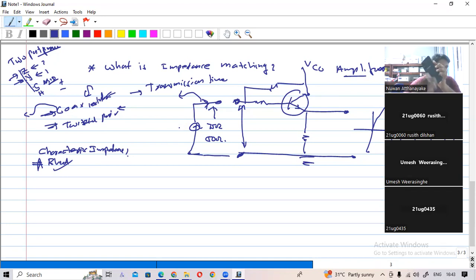So it is a high frequency circuit, working at high frequencies. Normally, if this is a 4G phone, it is operating in the 108 megahertz or 206 megahertz range. Those are high frequencies, greater than 1 gigahertz actually.